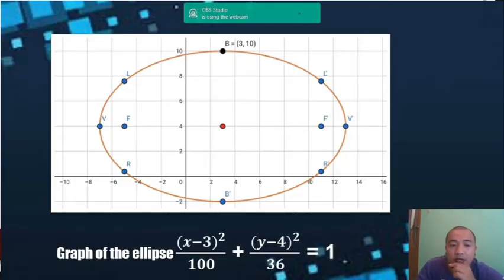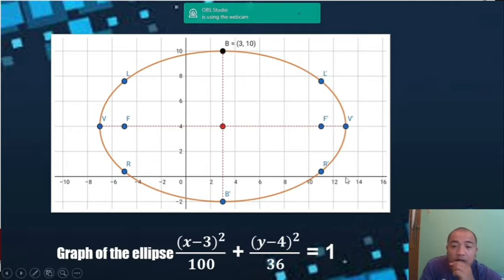And here is now the graph of the ellipse. That's the major axis. Just plot the points: vertices, foci, lateral recta, ends of minor axis. The center is at (3, 4). Ends of the minor axis are at (3, 10) and (3, -2).